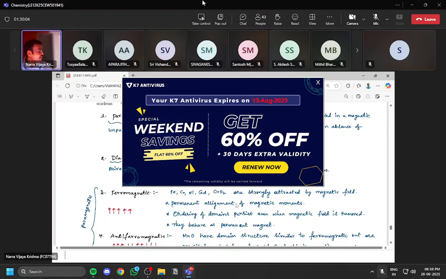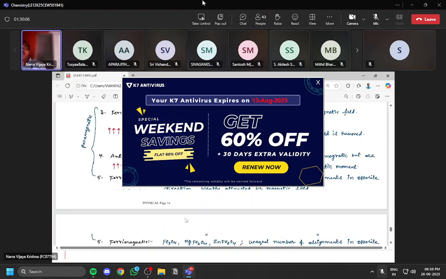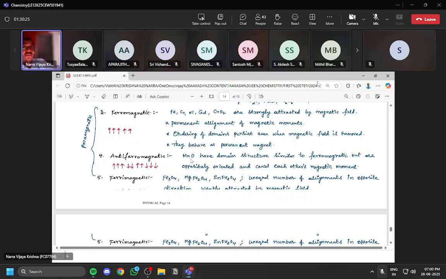Now, antiferromagnetic. Example, MnO. Similar to ferromagnetic, but all are oppositely oriented and cancel each other's magnetic moment. So what happens to the net moment?